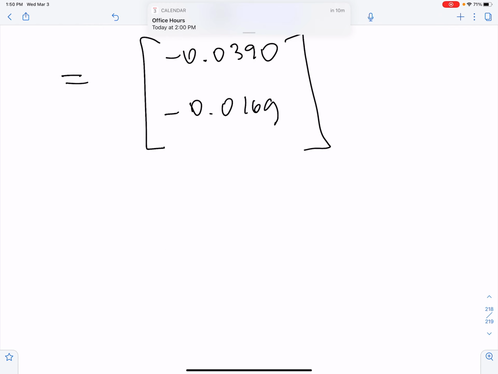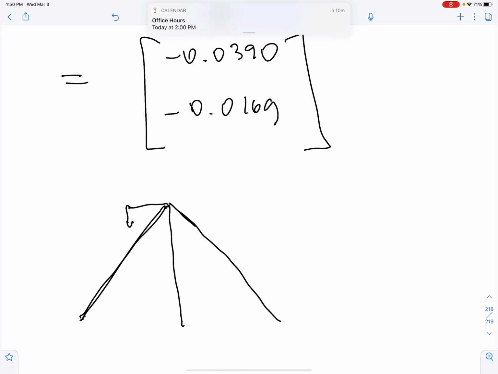So you can see that if you started out with a structure that looked like this, in the exaggerated view, this node moves to the left about twice as much as it moves down. So it's now here, and this becomes the displaced configuration.